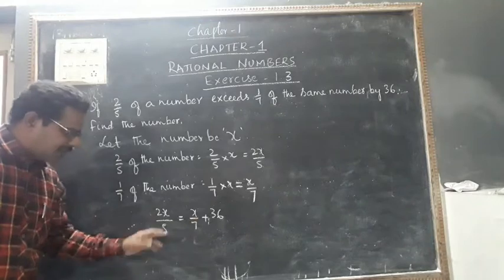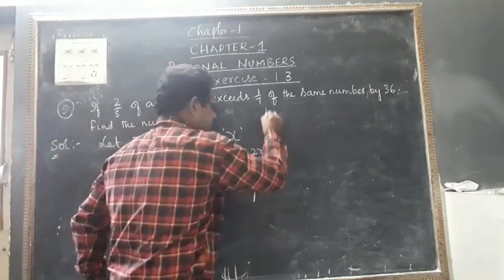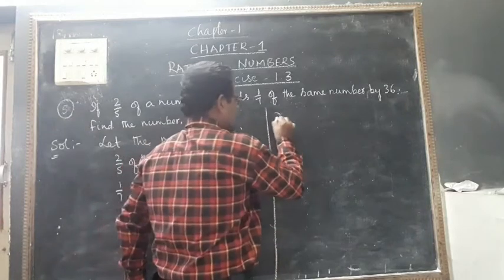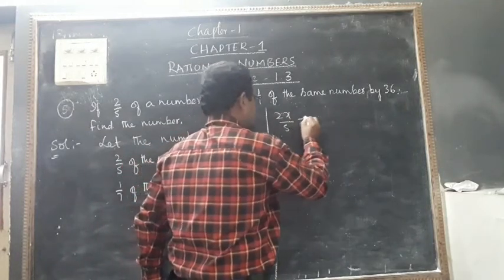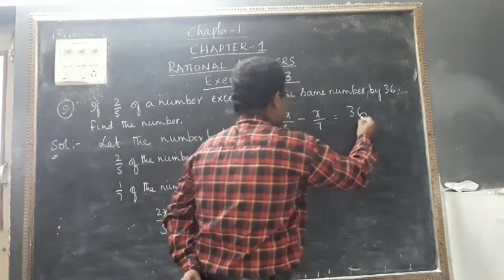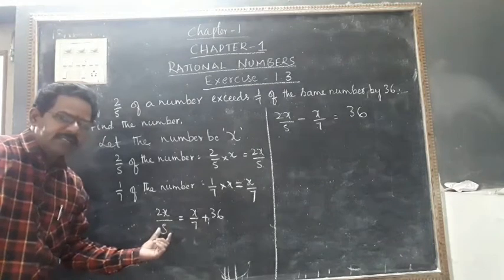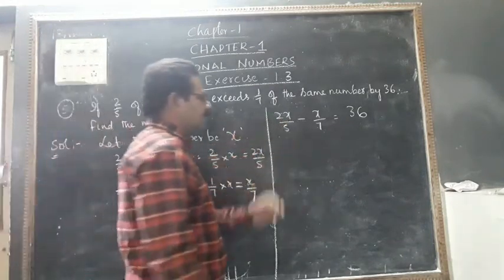These two are fractions. We can bring all the variables one side and constants one side. Then 2x by 5 minus x by 7 is equal to 36. I converted the x by 7 and brought it to the left hand side. That means it will become minus.